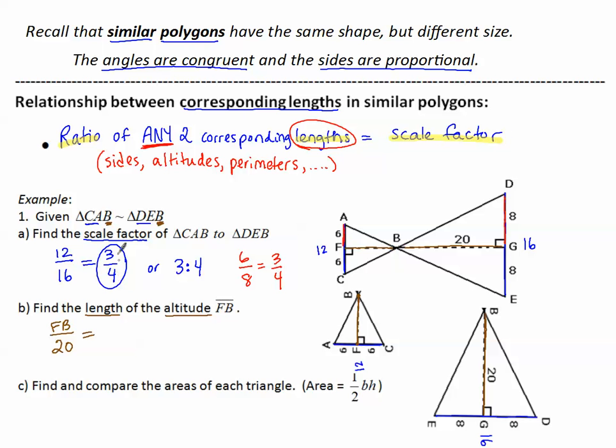The scale factor, 3 over 4, and then we can cross multiply to solve. So 4 times FB equals 3 times 20, which is 60, dividing by 4, FB equals 15. There's the length of the altitude FB.